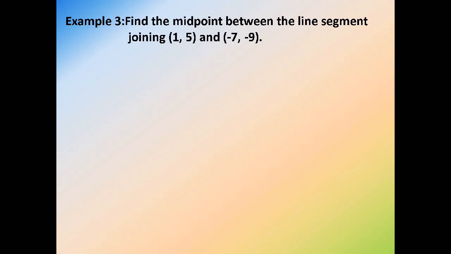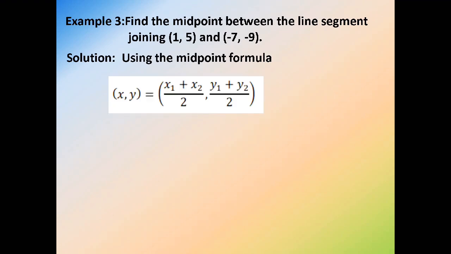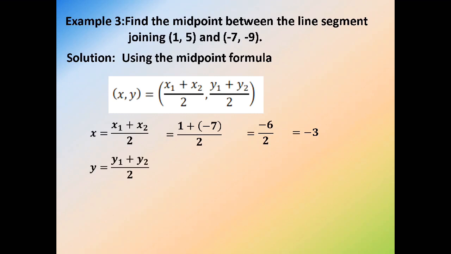Let us take a look at this example. Find the midpoint of the line segment joining (1, 5) and (-7, 9). Using the midpoint formula stated earlier, x is equal to x sub 1 plus x sub 2 all over 2, which becomes 1 plus -7 over 2, that is equal to -6 over 2, which results to -3.